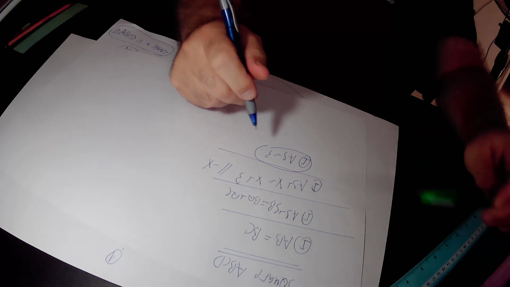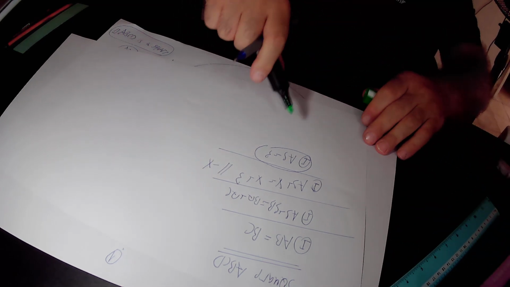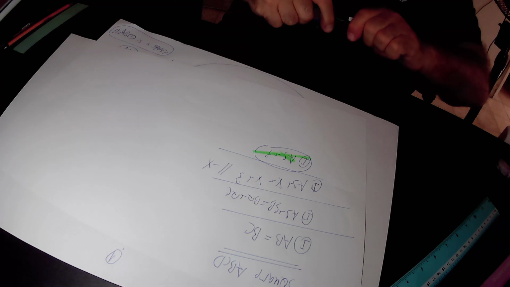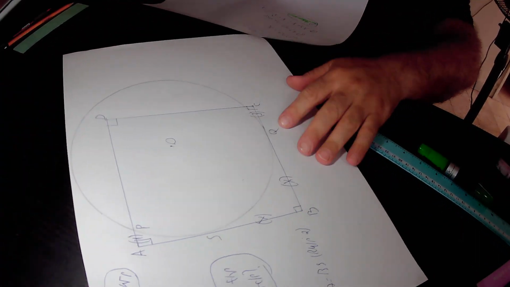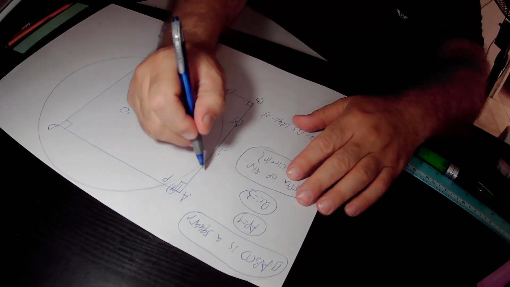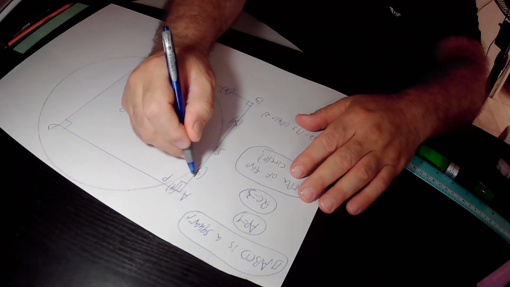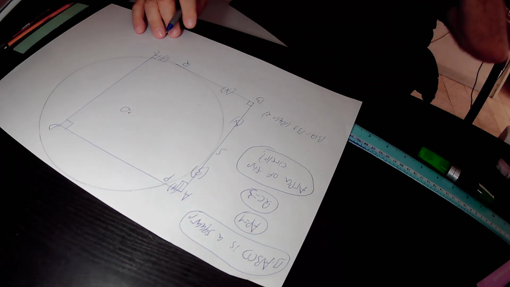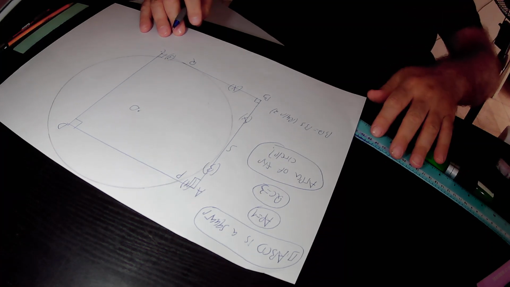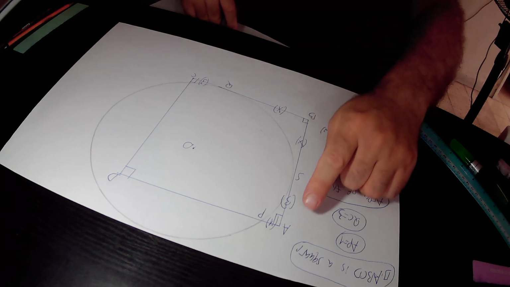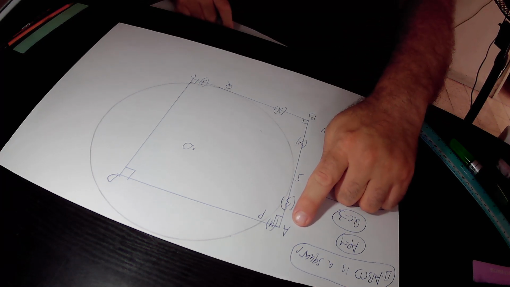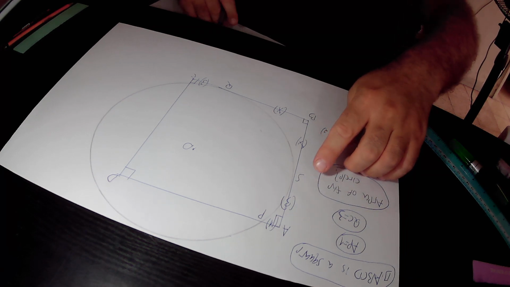So we found that AS equals 3 units in length. If we focus on point A, from point A we have tangent AS to the circle.